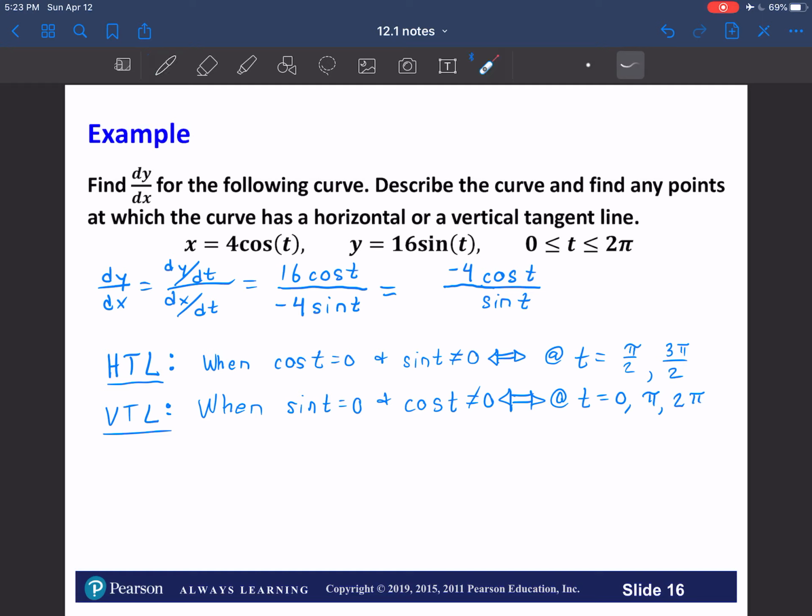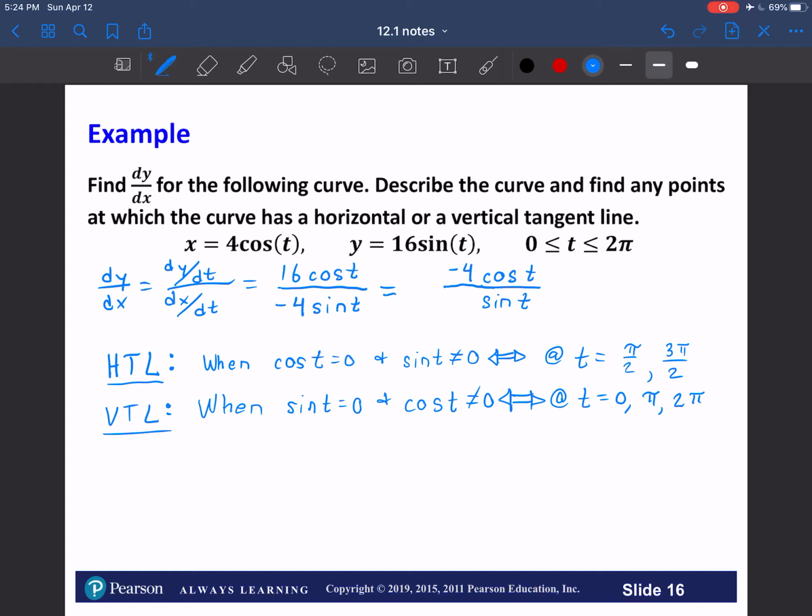And double checking, making sure that cosine of t is not 0 at any of those. Cosine of 0 is 1, cosine of pi is negative 1, cosine of 2 pi is 1. We are good. All of those work out. And so these are our horizontal and vertical tangent line points. We could similarly associate a xy coordinate with each one of these. For brevity, we will not do that here.